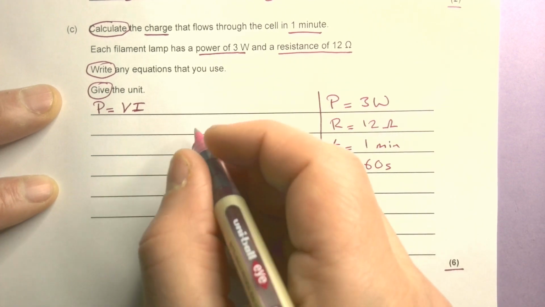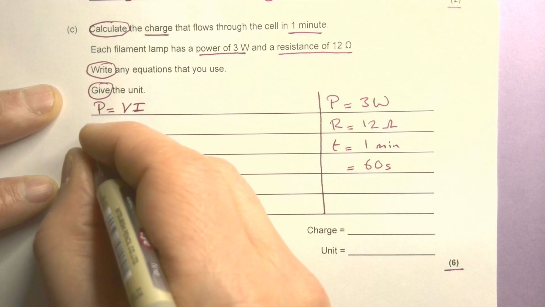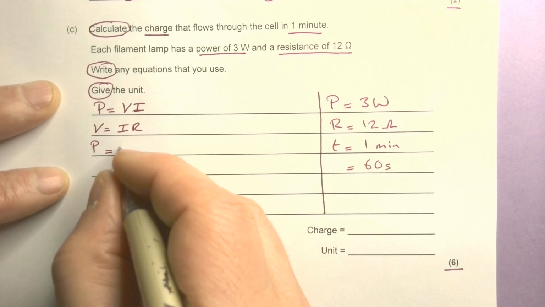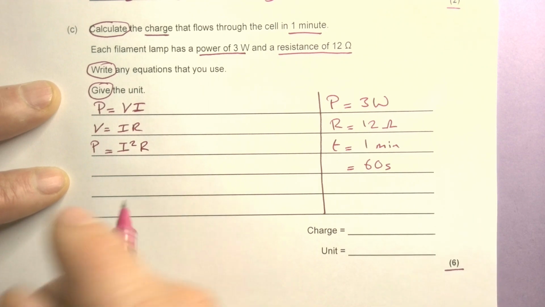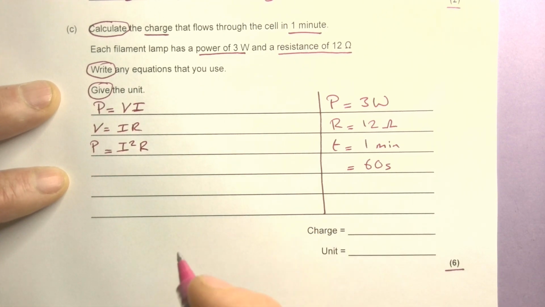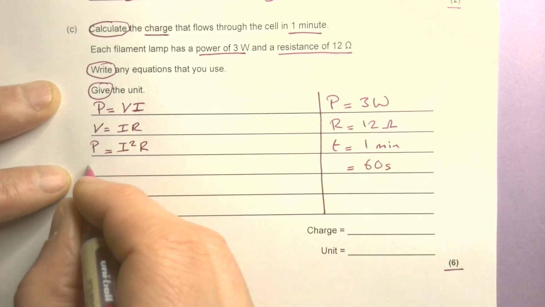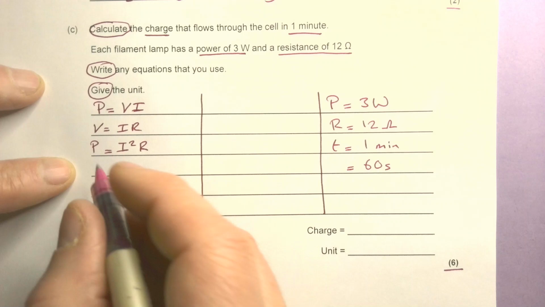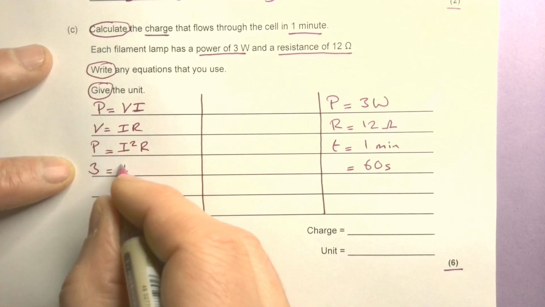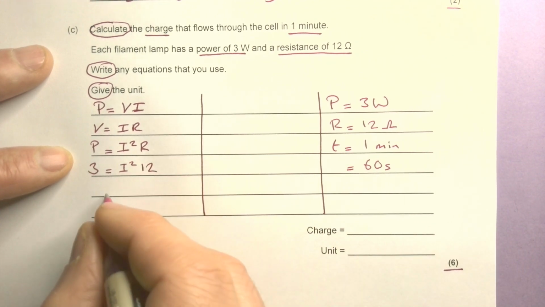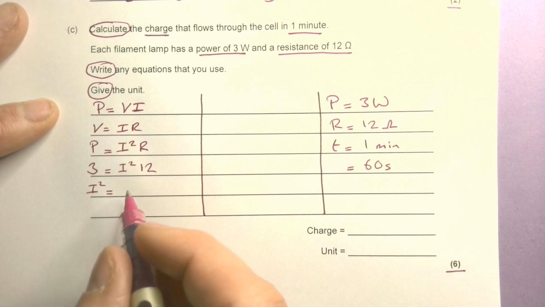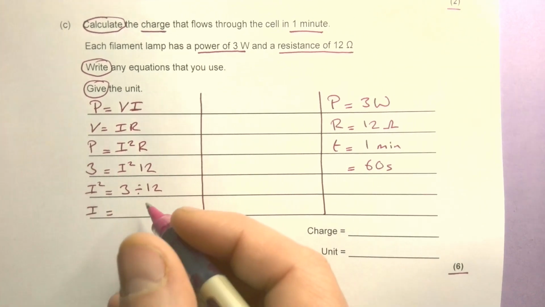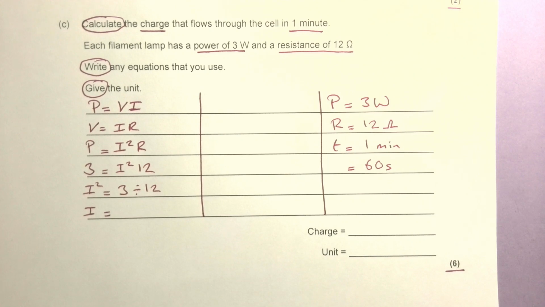Okay, and I also know that V equals I R. So I'm going to replace V in there, so power is equal to I squared R. Power is 3 watts equals I squared times resistance, 12 ohms, so I squared is going to be equal to 3 divided by 12, that's 1/4, isn't it?